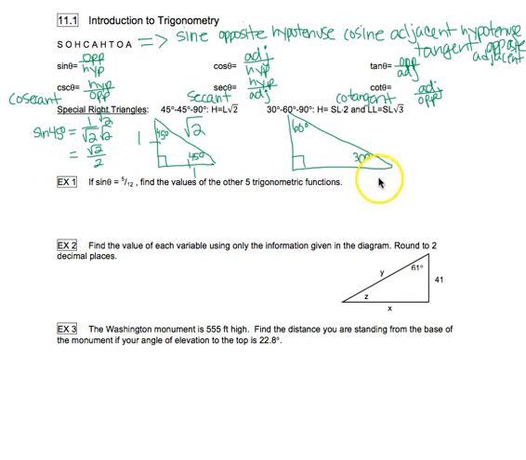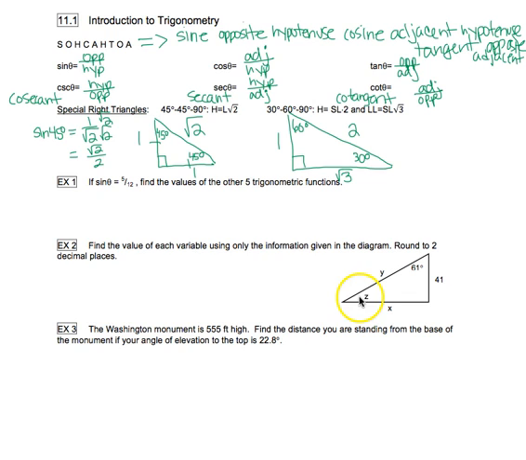So what they'll do in this section is make the side across from the 30-degree angle a 1, and that's the short leg. So if the short leg is 1, 1 times 2 would be the hypotenuse. 1 times radical 3 would be the long leg. And so then when I want to find a specific ratio, I would use these sides.